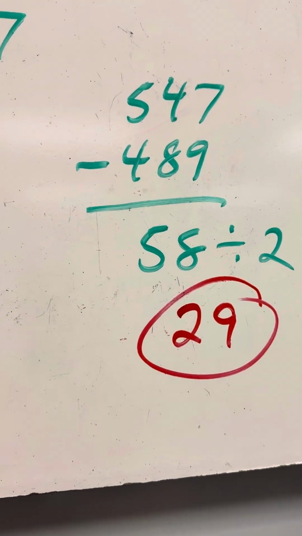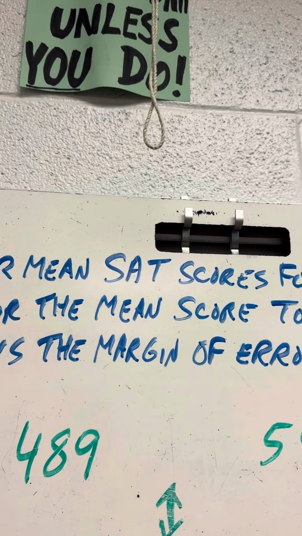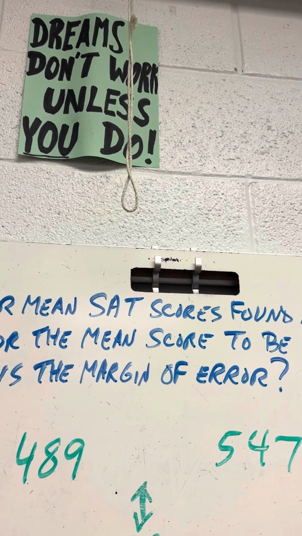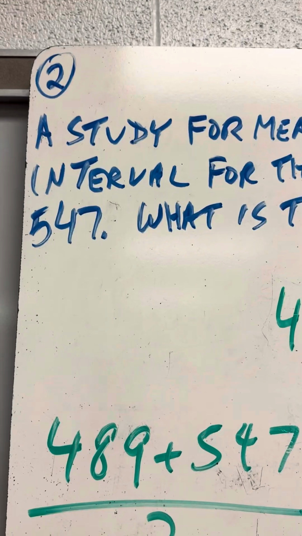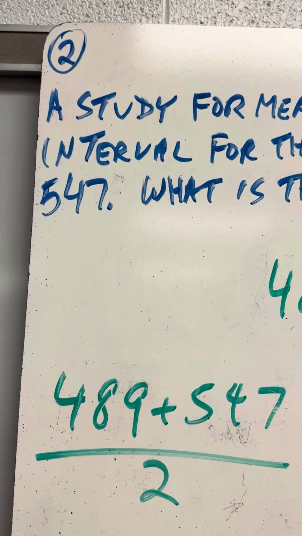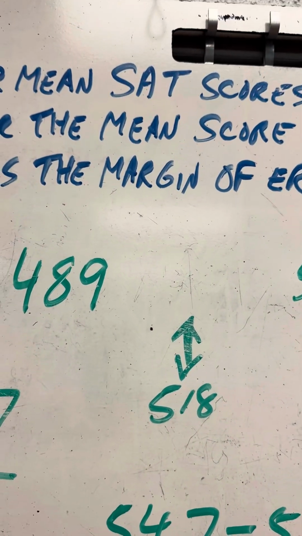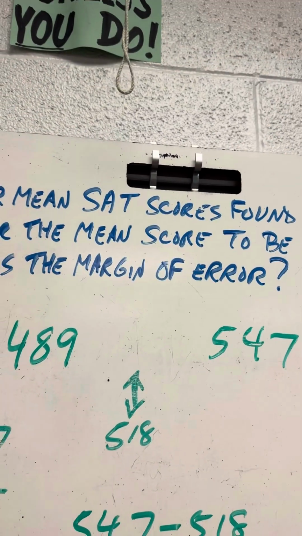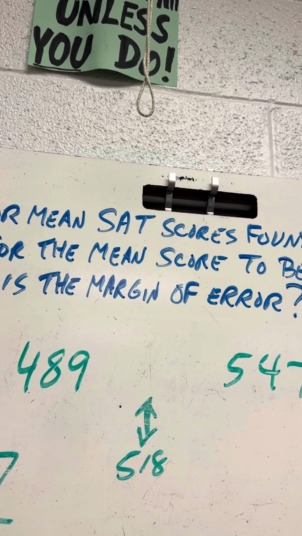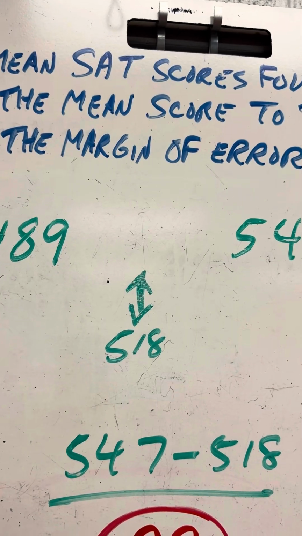Why? Because here's the other way to do it. If you want to find the margin of error between 489 and 547, you can take 489 and 547, hit equals, and then divide by 2, and you get 518. That's the middle, like midpoint. So what's 547 minus 518?